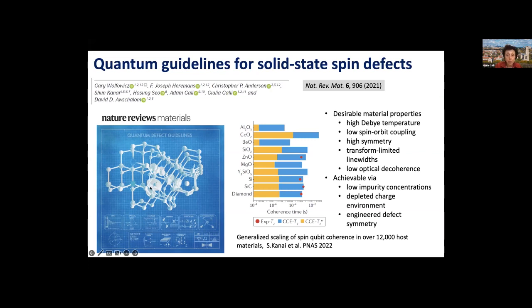And here we looked at specific guidelines for solid state qubits, taking everything into account: electronic structure, spin coherence, and so on and so forth. And in these two papers together, we identify new materials, including oxides, that could be good materials for quantum information applications.